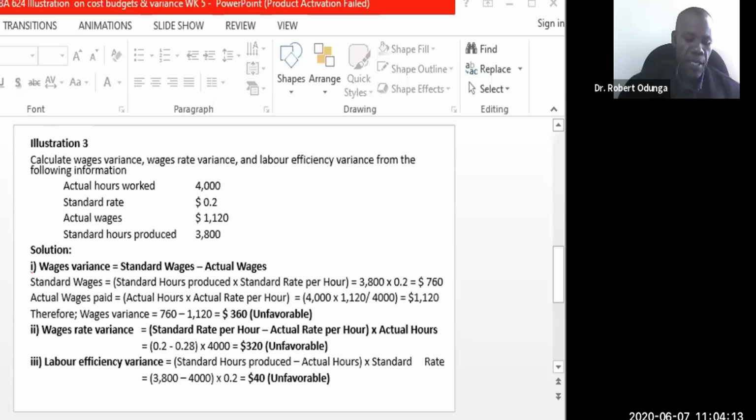And then our labor efficiency variance is given as standard hours produced minus actual hours used, times standard rate.